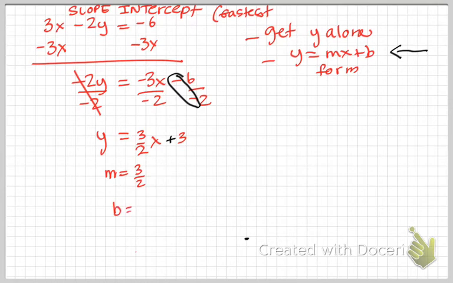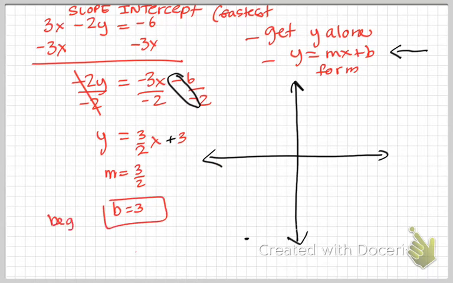So when I go to graph, I start on my y-axis, and you should be using a straight edge for your x and y-axis. Remember, we start with the b on the y-axis, 3. And then my slope is 3 over 2. That's your rising movement, your up and down movement, over your across movement. So it's a rise of 3.